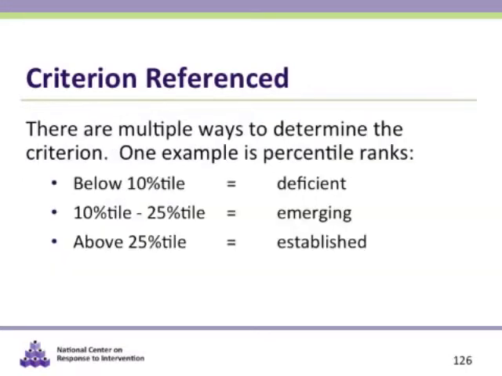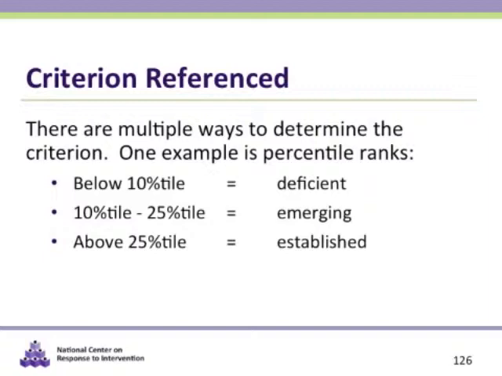There are multiple ways to determine the criterion, and one of the examples is to use percentile ranks. So those of you who are using some data systems may say, well, how do I know? Well, I can take the average group over time and say the score at the 10th percentile is deficient.